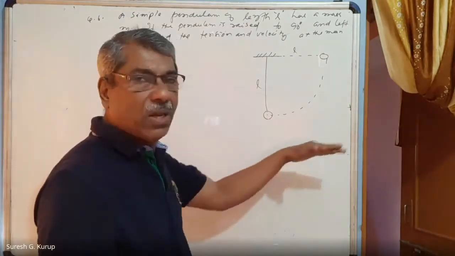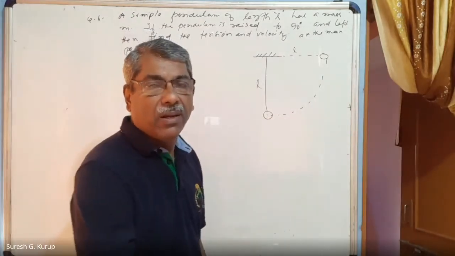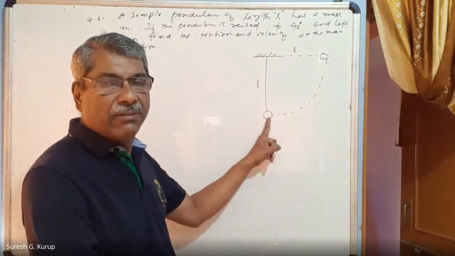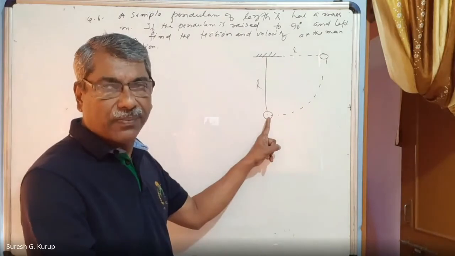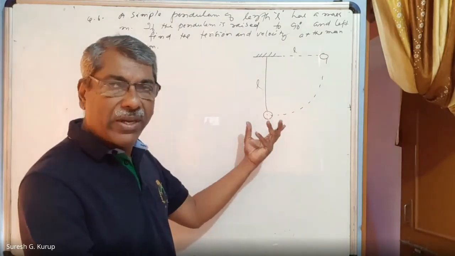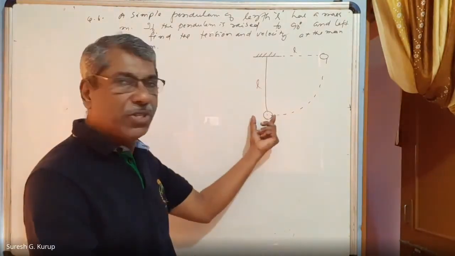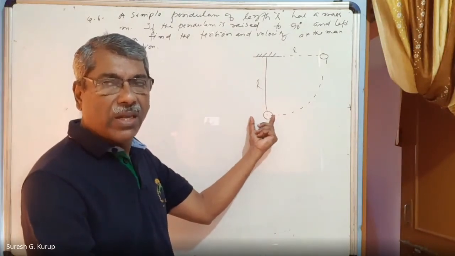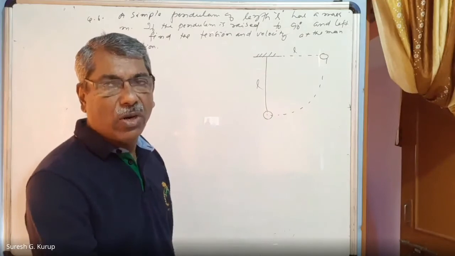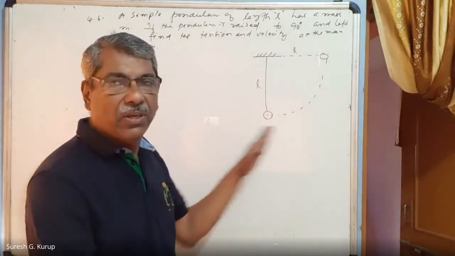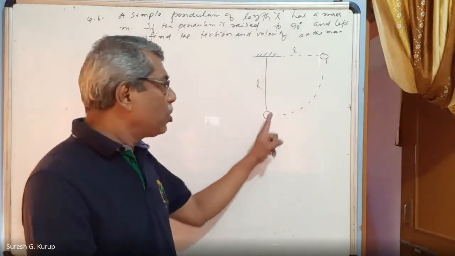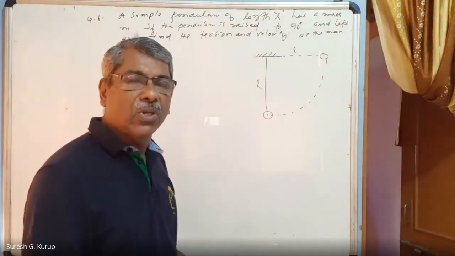When the pendulum is left oscillating, the middle of the position when no force is acting is called the mean position. Suppose that it is not disturbed, the pendulum will always keep at the same position only. That is what is called mean position. When it is disturbed, then the bob will move to and fro with respect to this point. That point is called mean position.